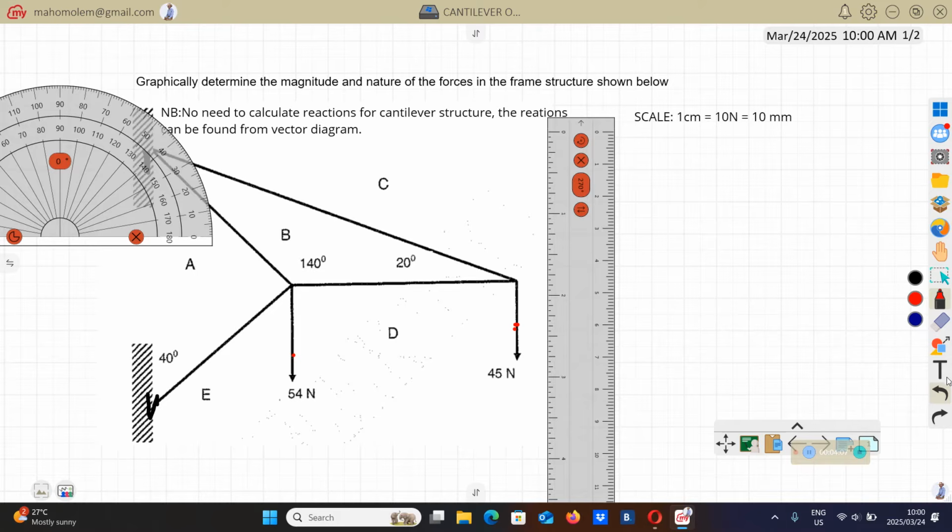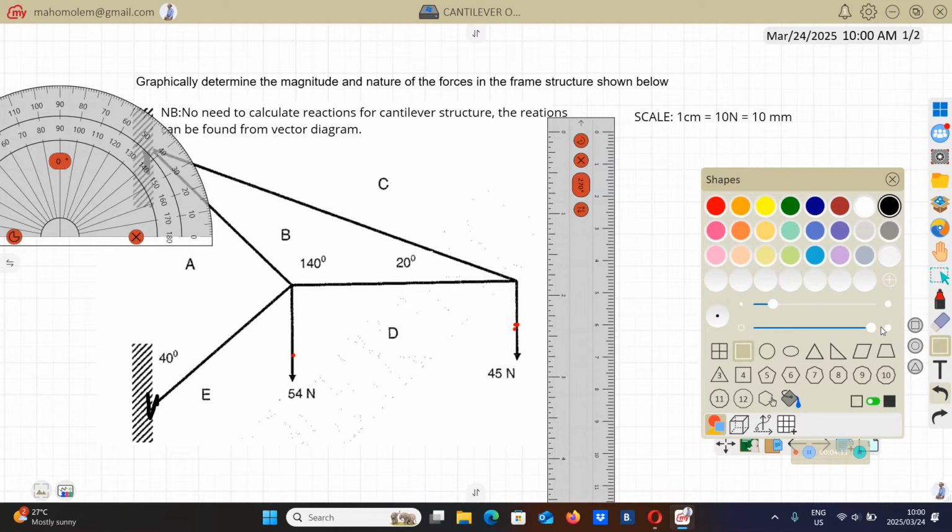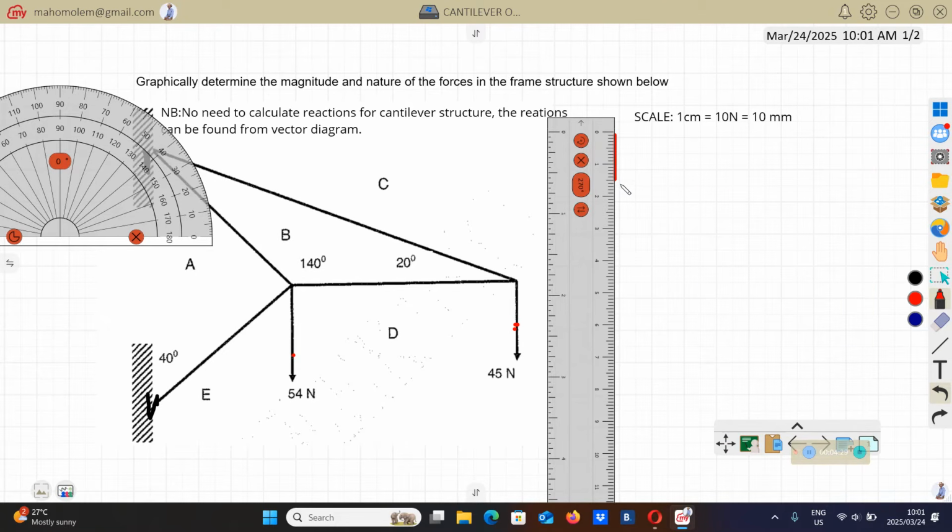Then I'm going to draw a line with a length of 4.5 centimeters. So I'll start here, I'll start there for a length of 4.5, and I stop there.